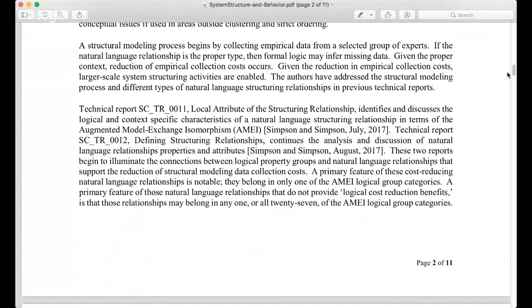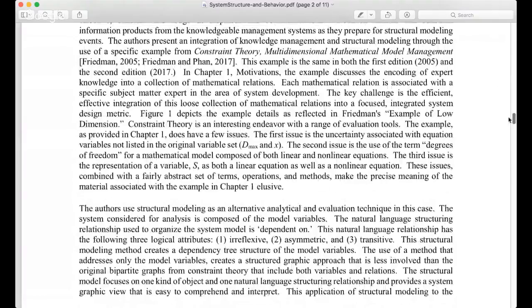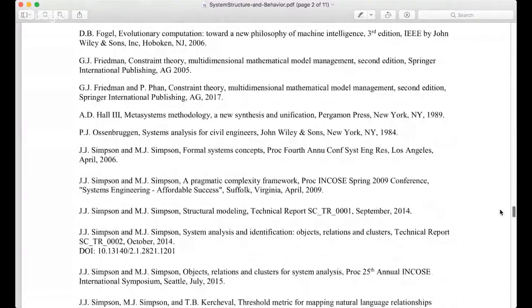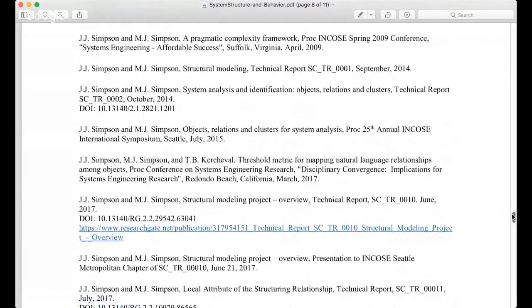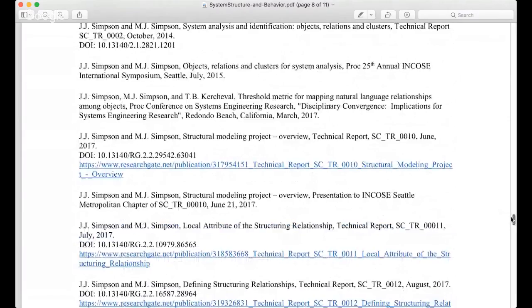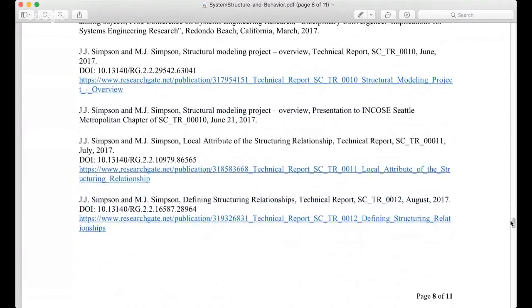Which one would that be? Well, let me go ahead and check. Oh, is it in the bibliography? Maybe I should have looked there. It's the one called Defining Structuring Relationships. There it is. Right. August. Very good.